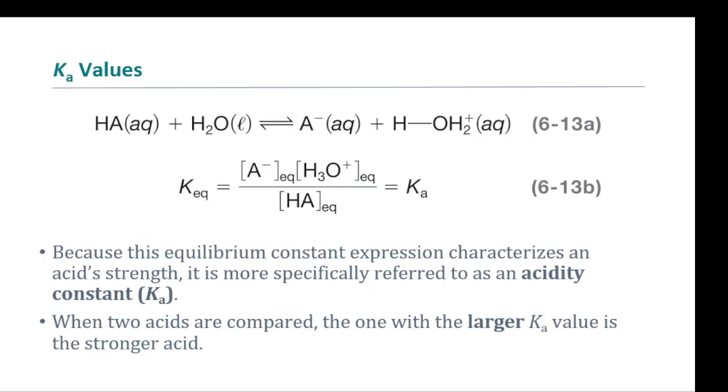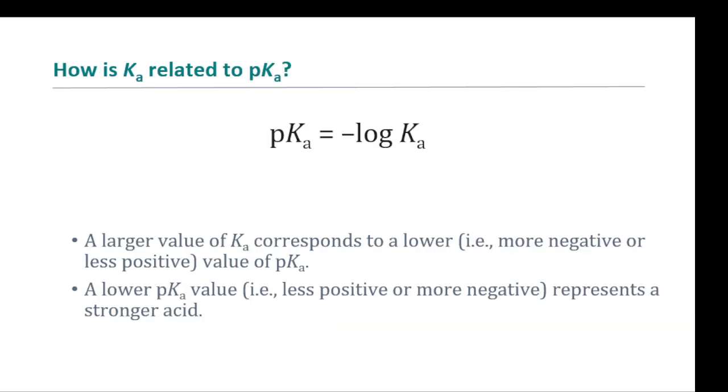So the Ka values, this is going to be the acidity constant. That's where the A comes from, acidity. Of two acids compared, the one with the larger Ka value is the stronger acid, because it makes more H+ in solution. Again, this is the pKa. It's the negative log of the Ka.